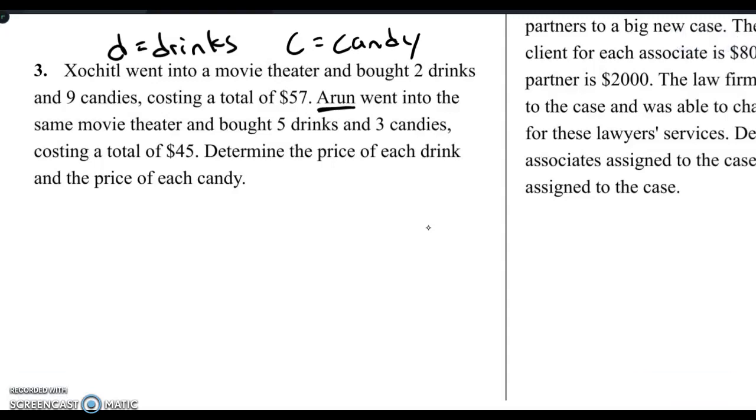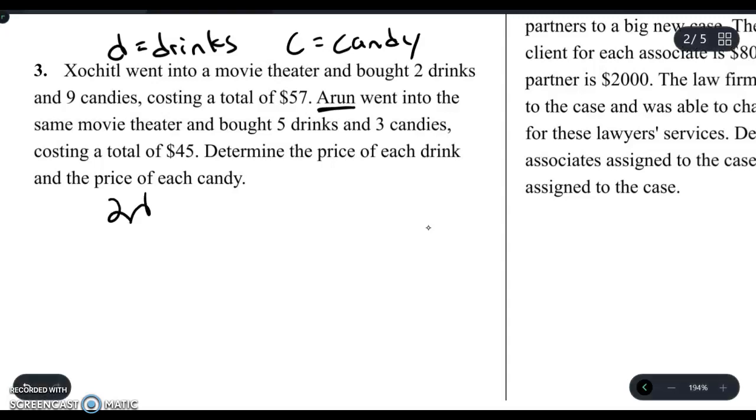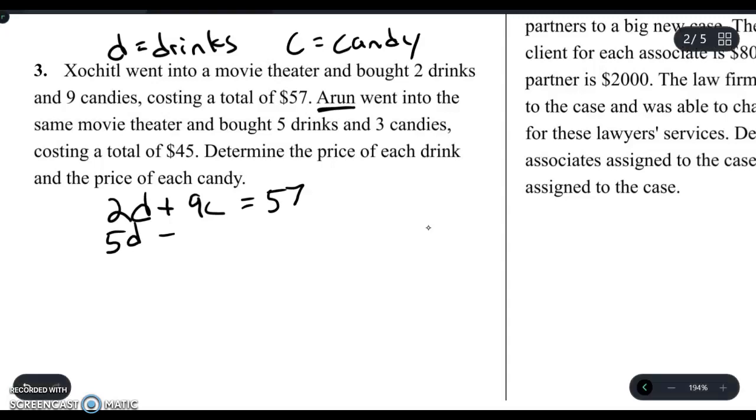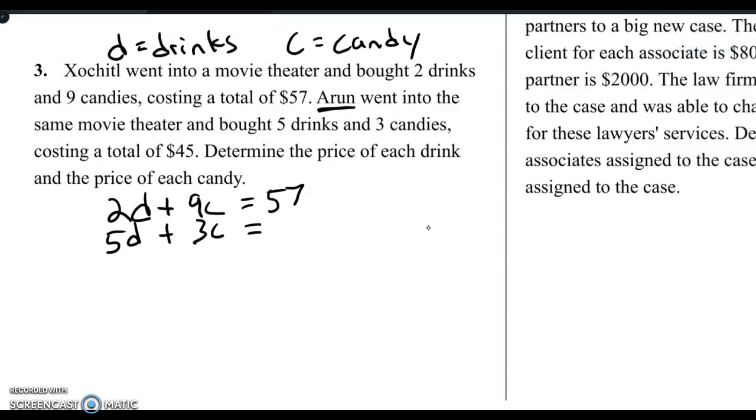So in one you have 2 drinks plus 9 candy bars will equal 57. And then on the next one you have 5 drinks plus 3 candy bars is equal to 45.